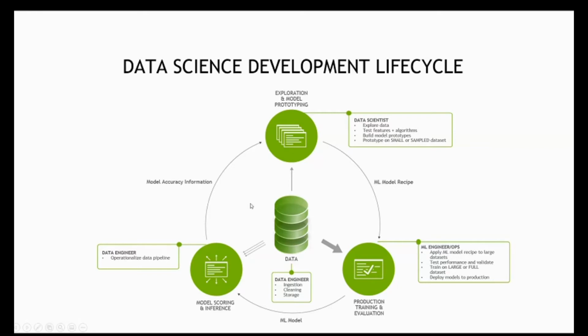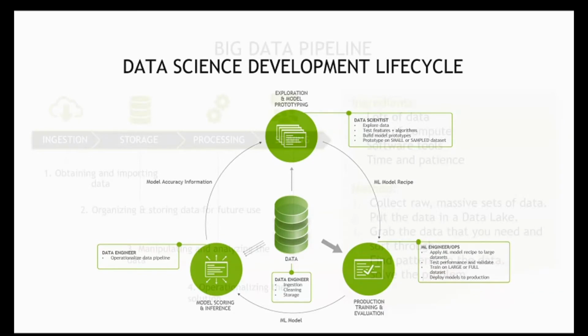And for data science, it's basically the FIL library, right? So again, we have enough toolkits that can be used by data scientists, ML engineers, operation engineers, and even data engineers that will make your life easy, right from exploration and model prototyping to production, training, evaluation, and even the production part, which is model scoring and inferencing.